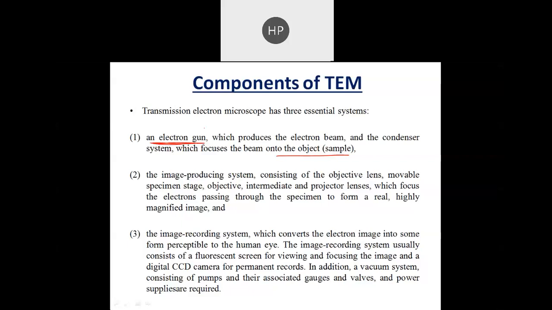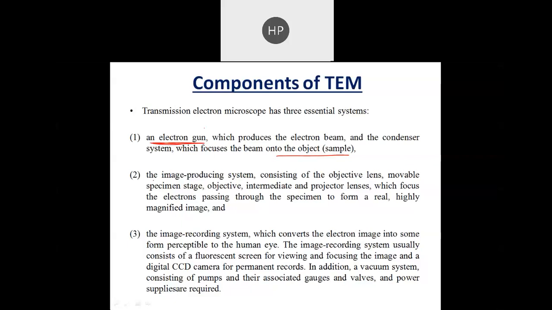Because both the TEM and SEM work on electron microscopy, the first and important step is to generate or produce an electron beam. And to produce that electron beam, what do we require? We require an electron gun. That's why you find the electron gun in both the TEM as well as the SEM. So the first important component is the electron gun, which produces the electron beam, and the condenser system that focuses the beam on the object.